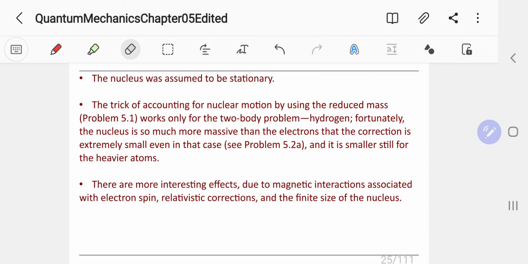But unfortunately, this will have a very small effect on the result, because the nucleus is much heavier than the electron.